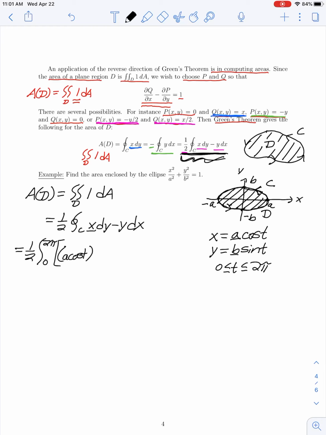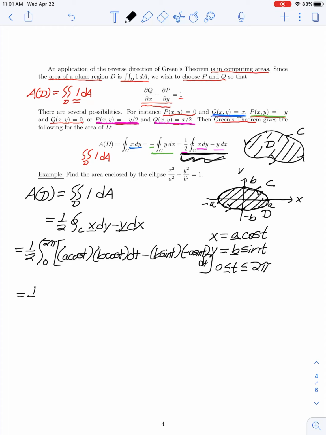So if y is equal to b sine of t, then dy is equal to b times cosine of t dt. Then the next part was minus y, and y was b sine of t, times dx. So if x was equal to a cosine t, then dx is negative a sine t dt.